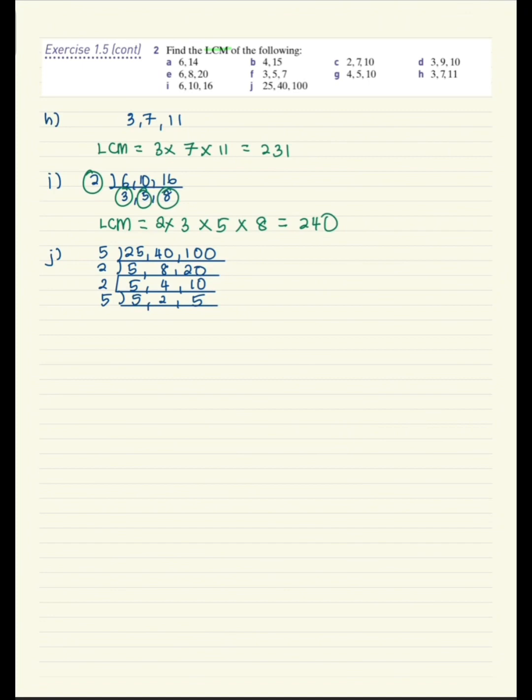Finally, you have 5 and 5, which are divisible by 5. And now you can find the LCM by multiplying 5 by 2 by 2 by 5 by 1, 2, and 1. And you will get 200.